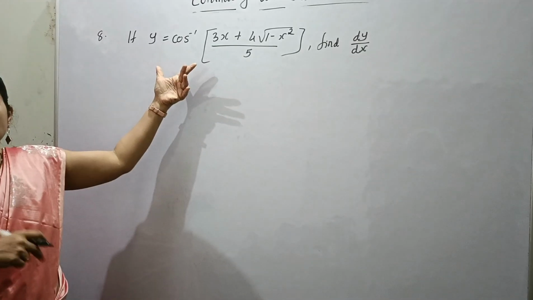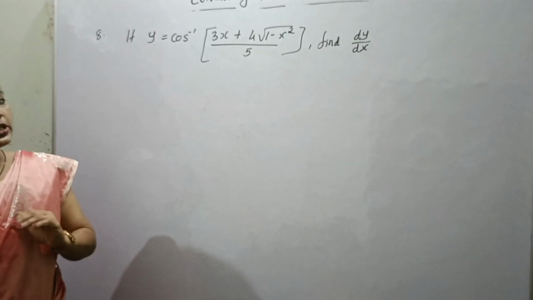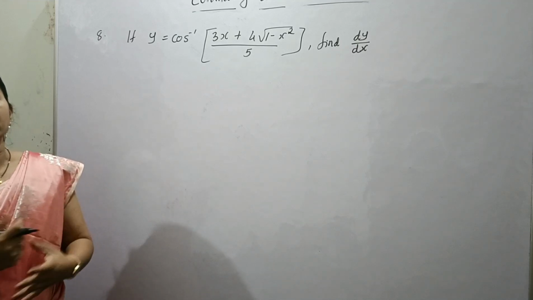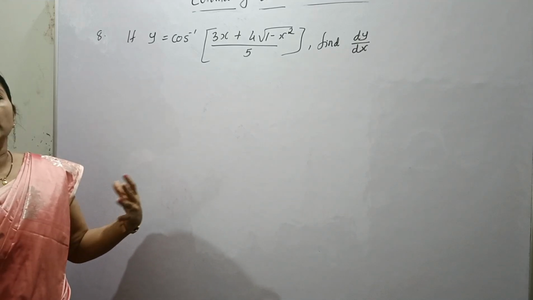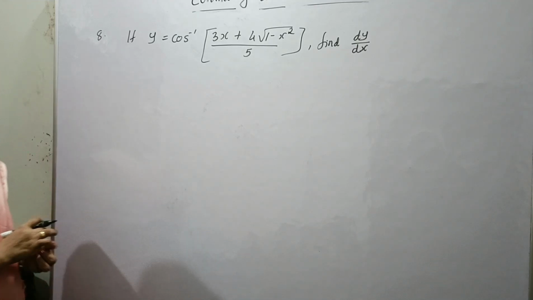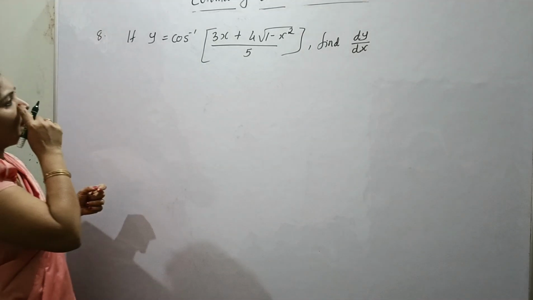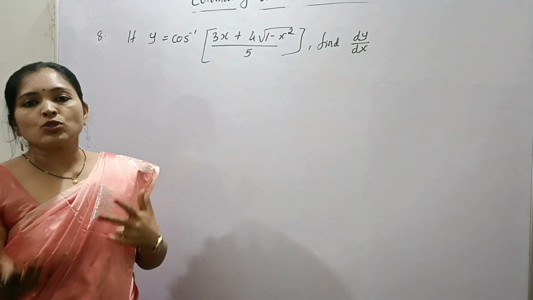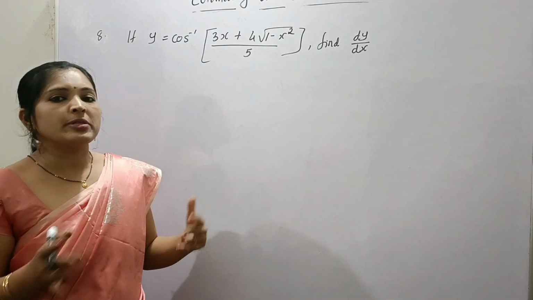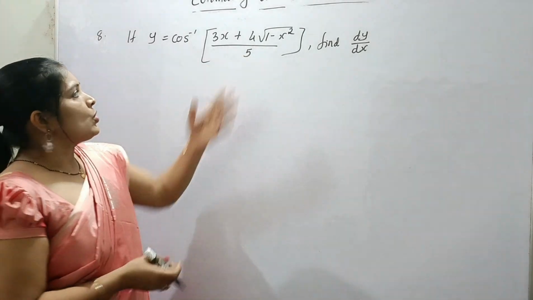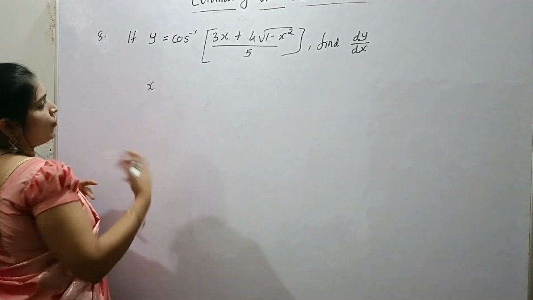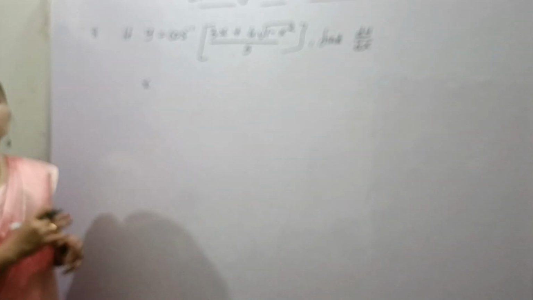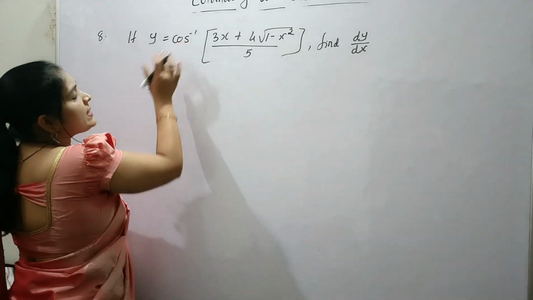So here we know that, as usual, for inverse trigonometric functions we will put x is equal to an appropriate trigonometric function to get an identity, right? Some trigonometric identity. So here, see, root of 1 minus x square. We know that 1 minus sine square theta or 1 minus cos square theta will be cos theta or sine theta. So let's put x is equal to some trigonometric function to cancel this cos inverse.